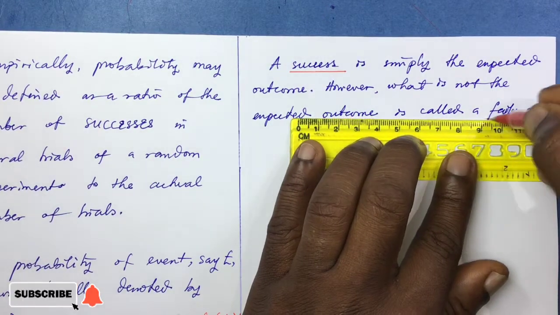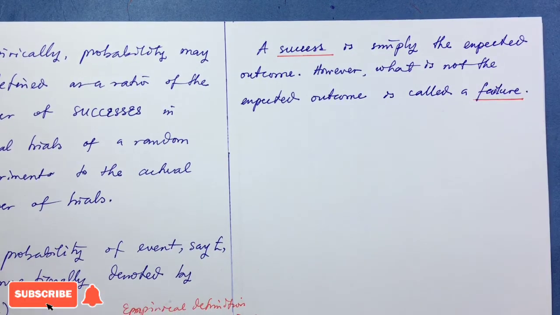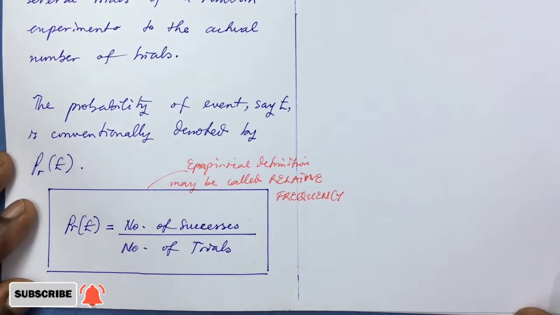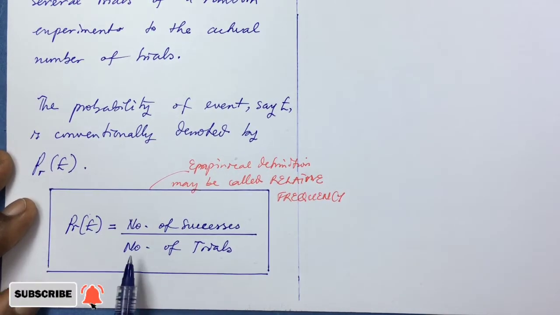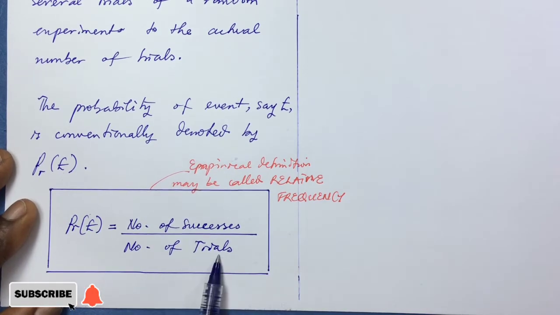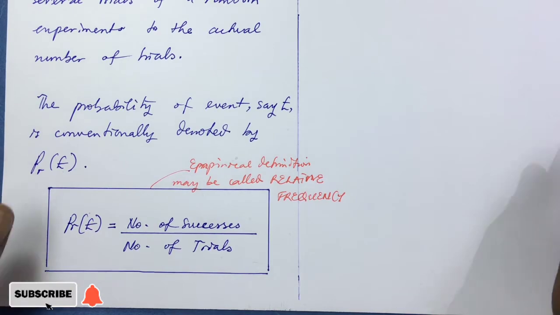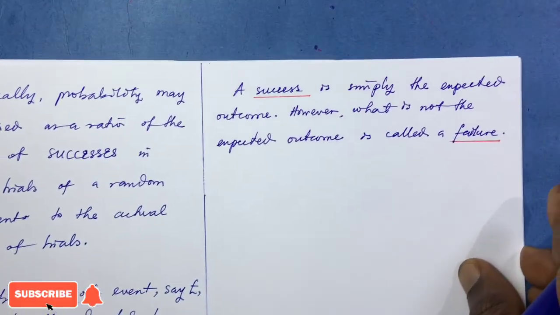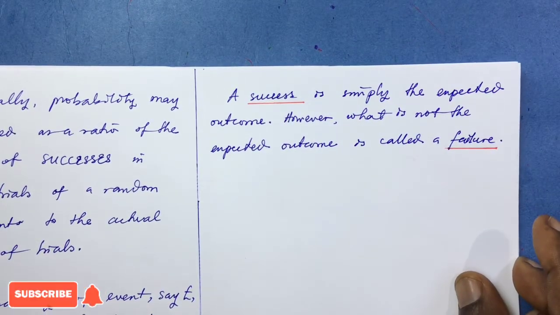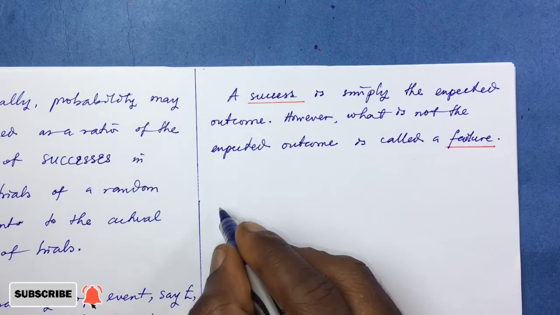Now, that being said, let us take an example of using the empirical definition. Using the empirical definition is very simple, but one thing you must note is that the empirical definition requires you to know the number of successes and the number of trials. Without knowing them, you cannot use the empirical definition to define probability. Okay, so noting that, let us take an example.